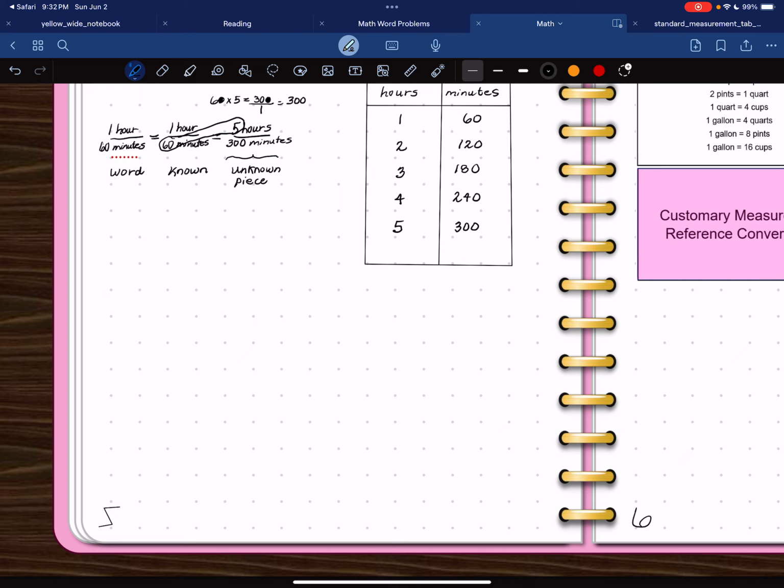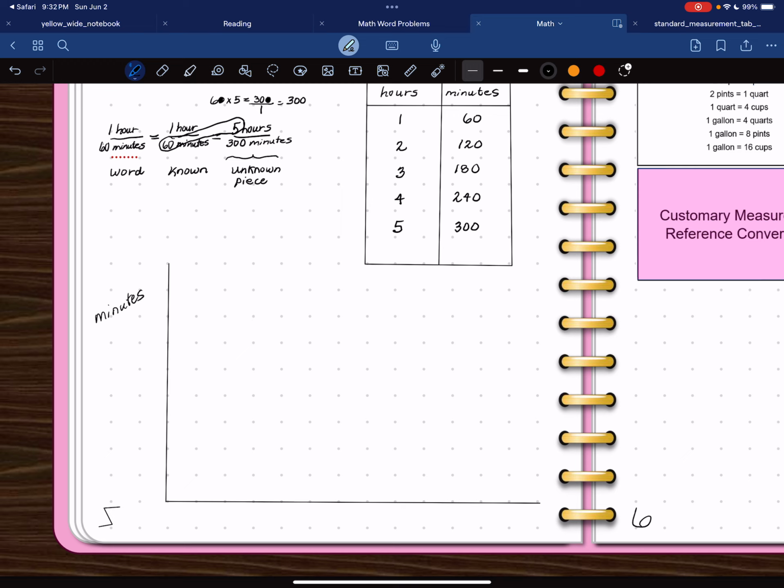graph. And I would use some dotted paper or gridded paper, something to help students be able to handle that graphing. Draw your x-axis and your y-axis. And on the y-axis, we're going to be plotting minutes.